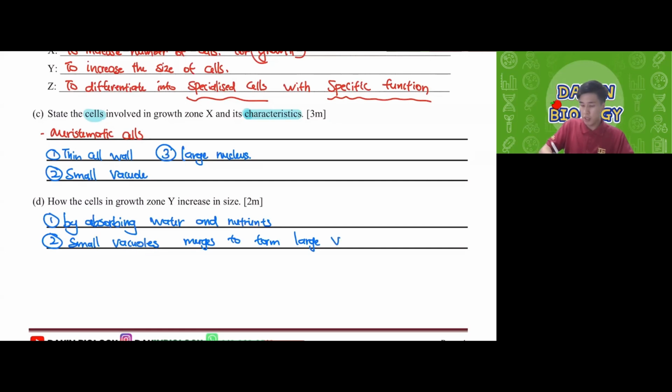You can say by osmosis also because it is absorbing water. And then we name this process. So small vacuoles become a large vacuole. The process, remember, is called? Yes, it's called vacuolation. So it's really true, vacuolation.